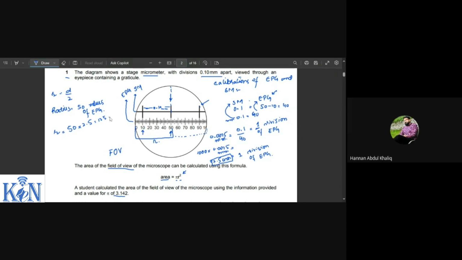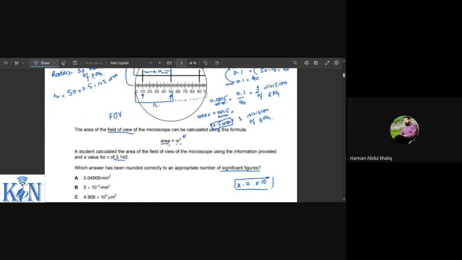But this radius is in micrometers, right? So you have got 125 micrometer. Now let's find out the area. Area is equal to pi r square. R is this 125 micrometer. So 3.142 into 125 micrometer whole square.